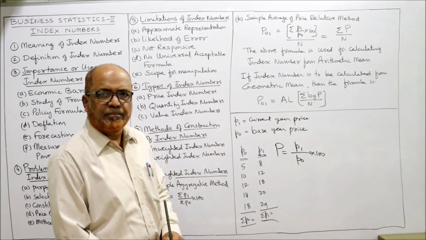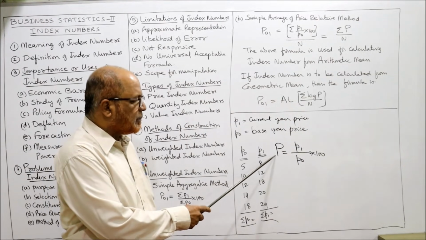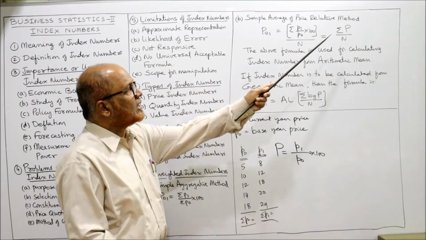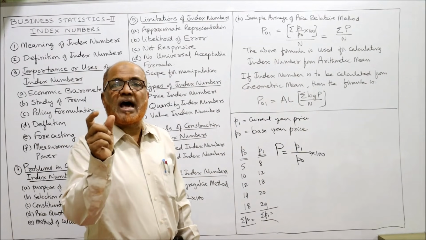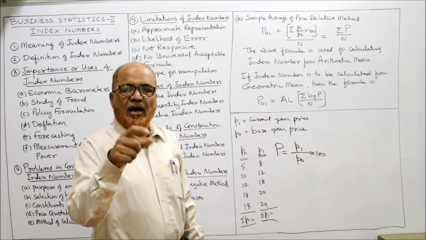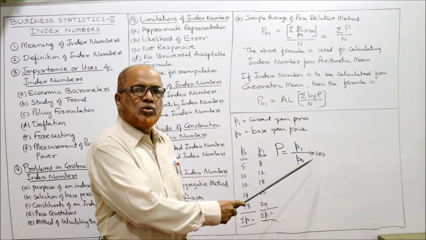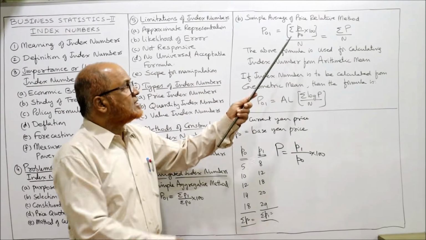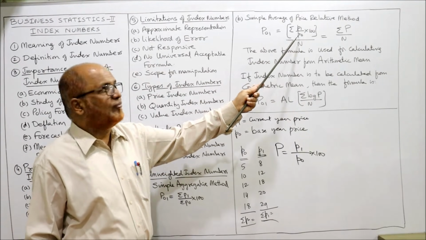This will be called capital P. Now we take the total, summation capital P. Capital P stands for price relative. Right? So this is the formula for calculating price index according to simple average of price relative.